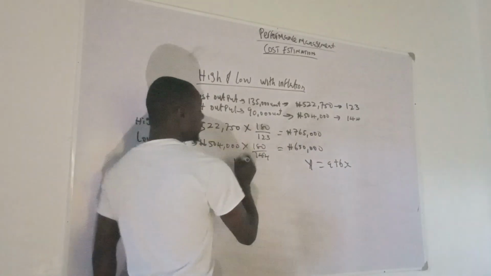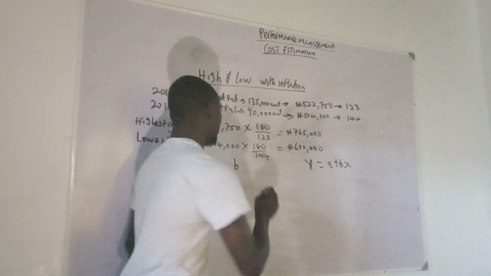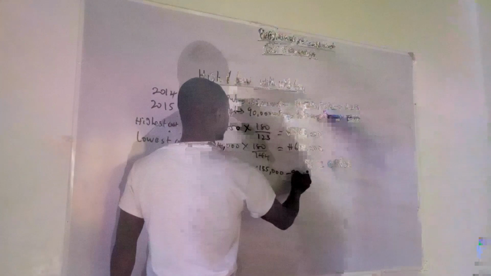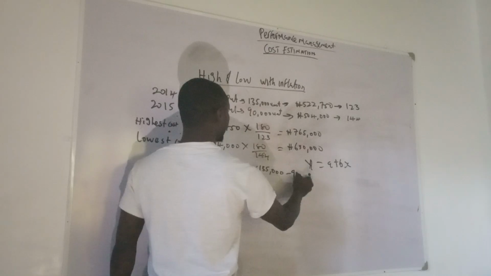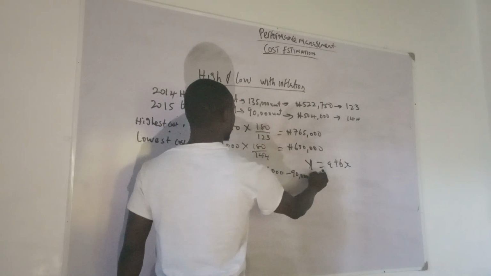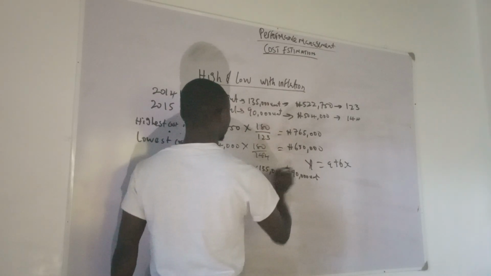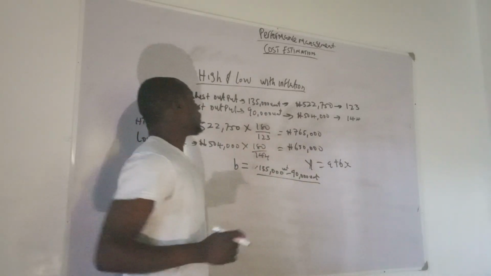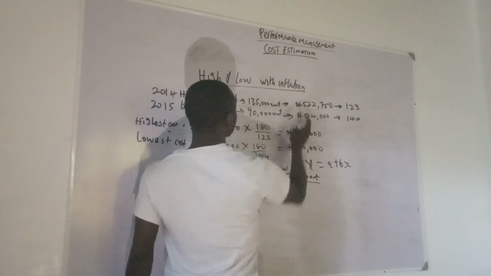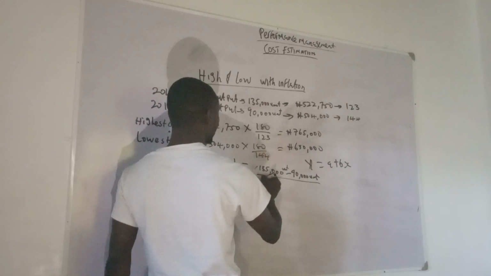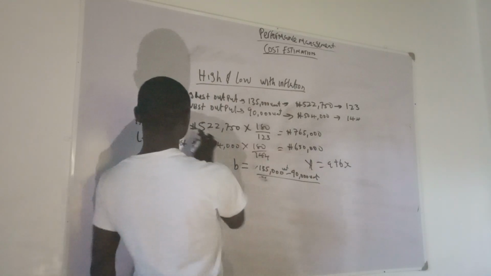B is the variable cost per unit. Now, B is the change in cost divided by the change in output. What is the highest output? 135 units minus the lowest output, 90,000 units. Please add the units, please. What is the highest cost now? We've adjusted for the highest cost.